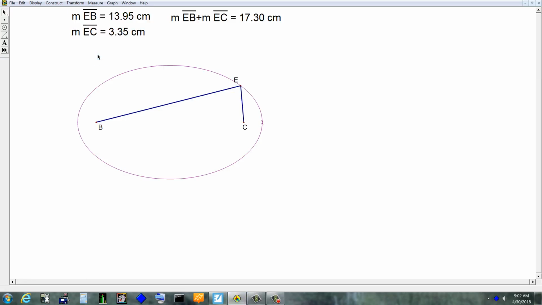But when you add the two together, and you can check that one if you want, you're always going to get 17.30 in this particular ellipse. Okay, so let's see if we can just highlight the point. And as I drag it, that's about as short as EC is ever going to get, right about there. And then as I drag it, you can see the numbers are changing, but if you check them, they will always add up to 17.3.